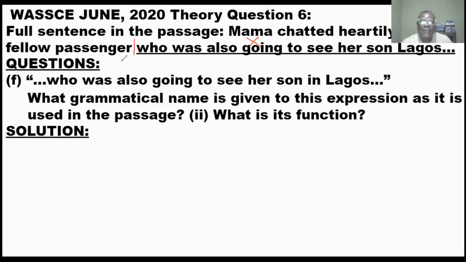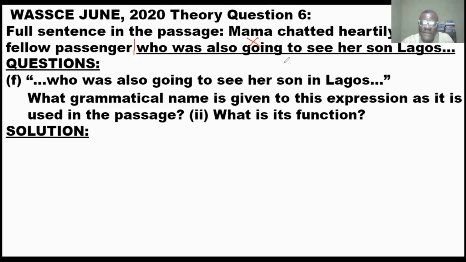Okay. Now, what answers the question, which one or which type, is usually an adjective. If it is a single word, it's an adjective. Well, this is not a single word. Now, it is a group of words. It's either an adjective phrase or an adjective clause.